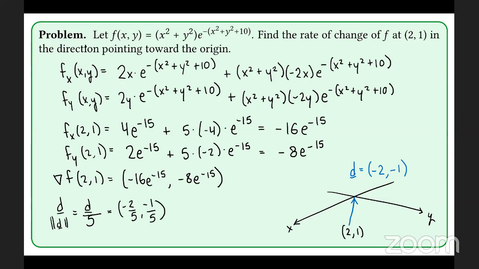And so the directional derivative is that thing dotted with that thing. So we'll get 32 over 5, that's not right. 32 over 5 plus 8 over 5, so 40 over 5. 40 over 5 is 8. So 8e to the negative 15.